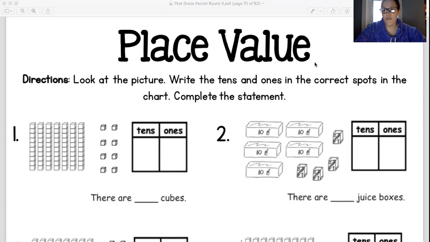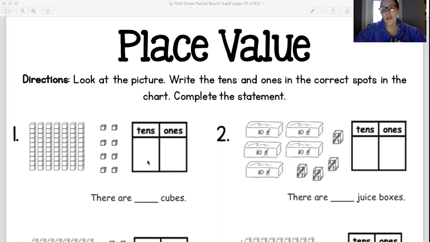Before you get started on trying number 1 and 2 by yourself, the first thing I want you to remember is when you look at your worksheet and you see the tens and ones chart, that is where you're putting the number of groups, not the total number of blocks in the tens groups. It's how many groups of 10 there are, okay?